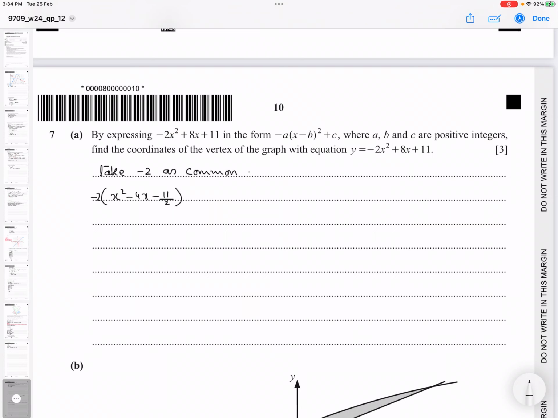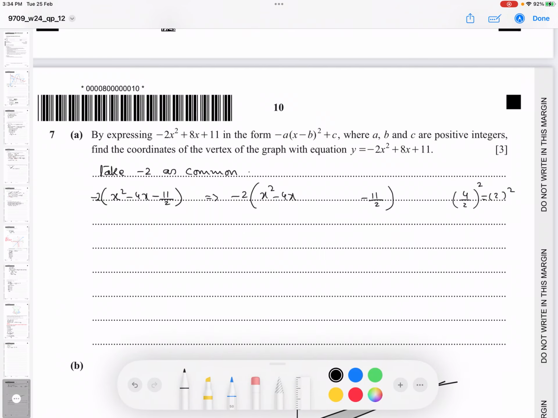Now create a gap between this. So negative 2 times x square minus 4x minus 11 over 2. Now take the coefficient of x, which is 4 here, divided by 2 and square it. So 4 over 2 whole square will give you square of 2. So add square of 2 first and then subtract square of 2.